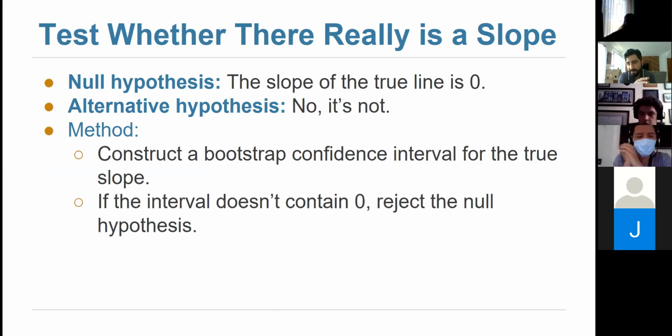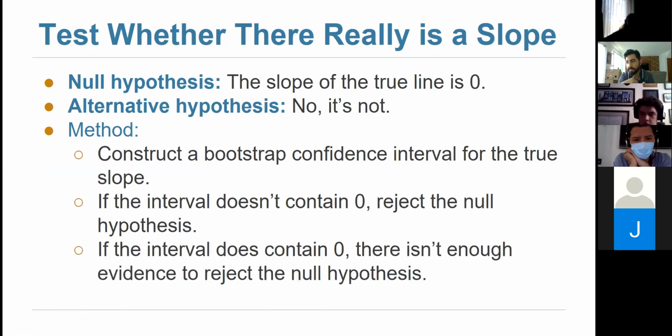If the interval doesn't contain zero, then I can reject the null hypothesis. If the interval does contain zero, there isn't enough evidence to reject the null hypothesis. Any questions about this? Do you remember this hypothesis testing?